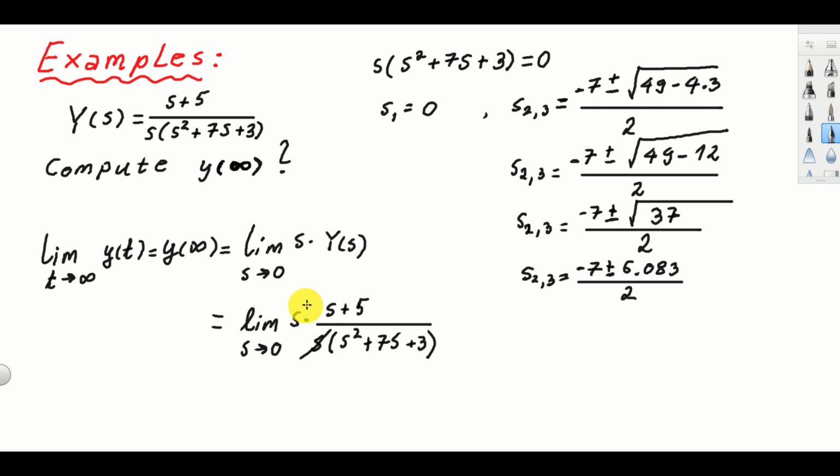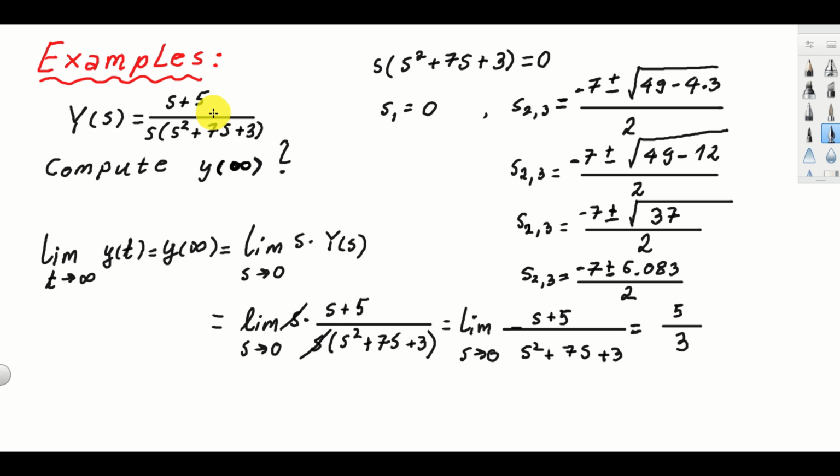We can cancel s and s, so we are left with the limit when s goes to 0 of (s plus 5) over (s squared plus 7s plus 3). Since this function is continuous, we can substitute s equal to 0, and we obtain that this limit value is 5 over 3. And that's it. This is the steady state value of the time domain signal y(t).